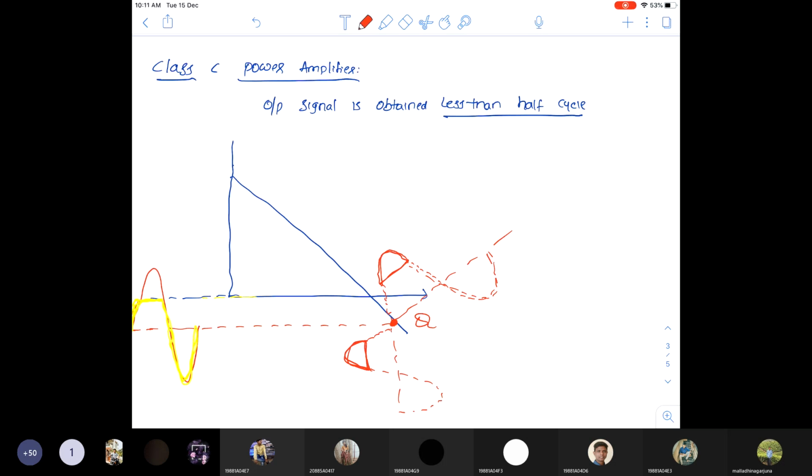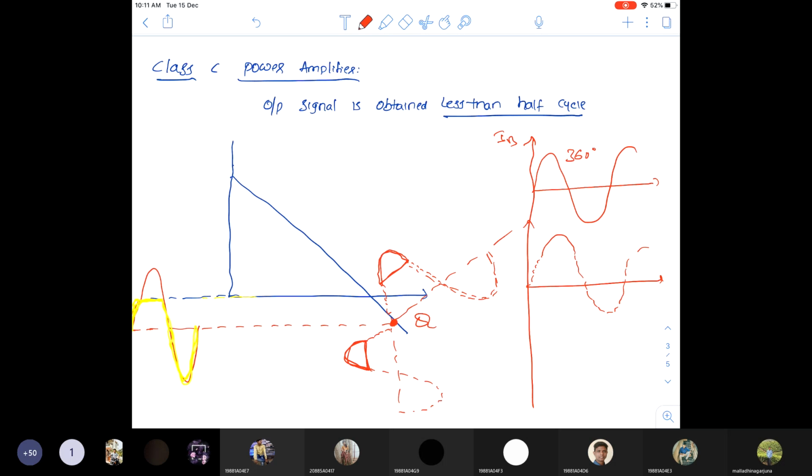So the waveforms are: this is the input signal IB with a 360 degrees conduction angle, and the output IC has only this portion processed.